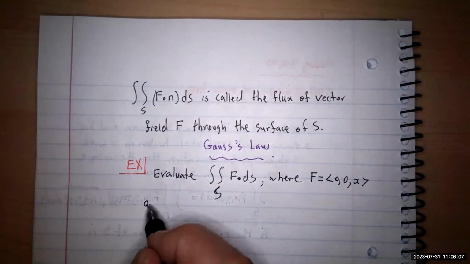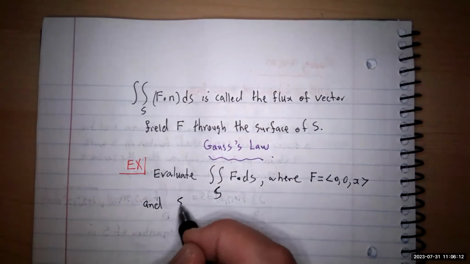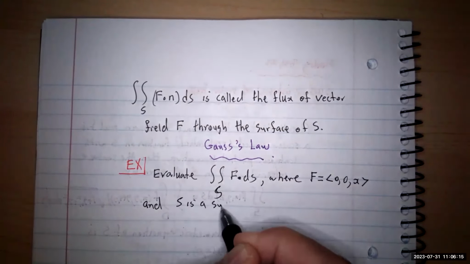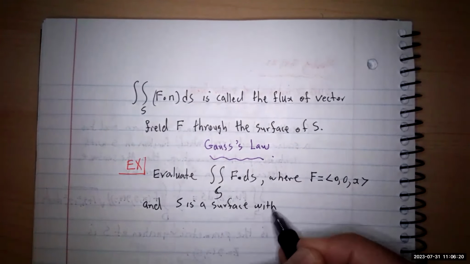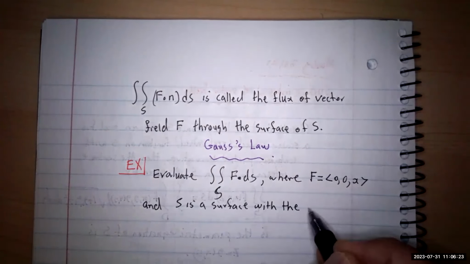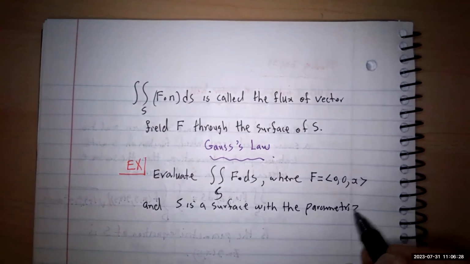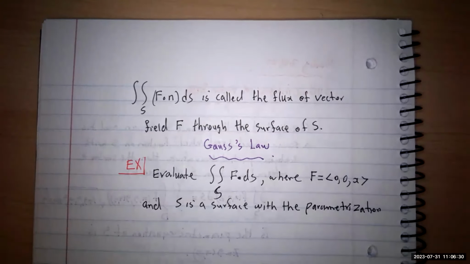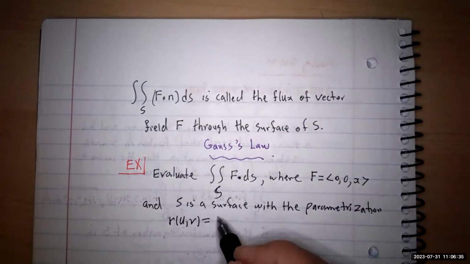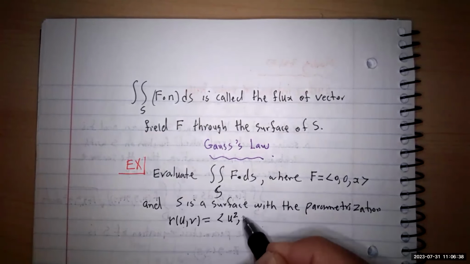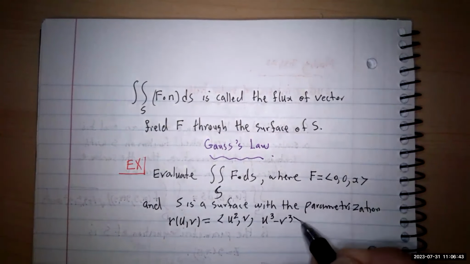The surface would be given to you. S is a surface with a parameterization, a parametric equation: r of u, v equals u squared v, u cubed minus v cubed.